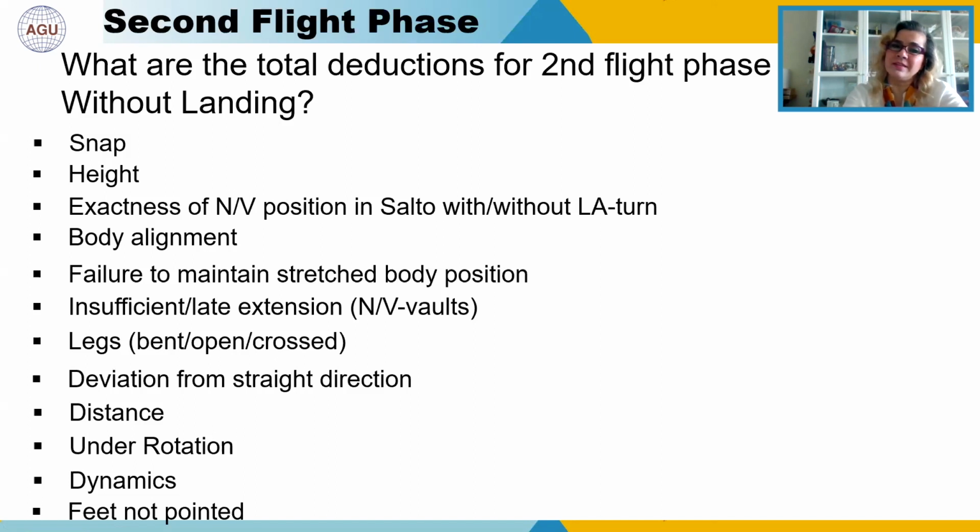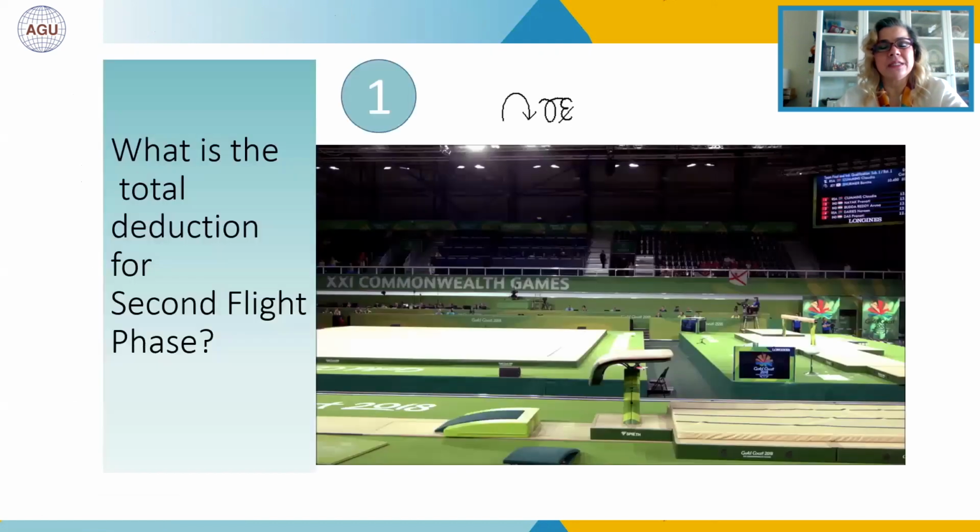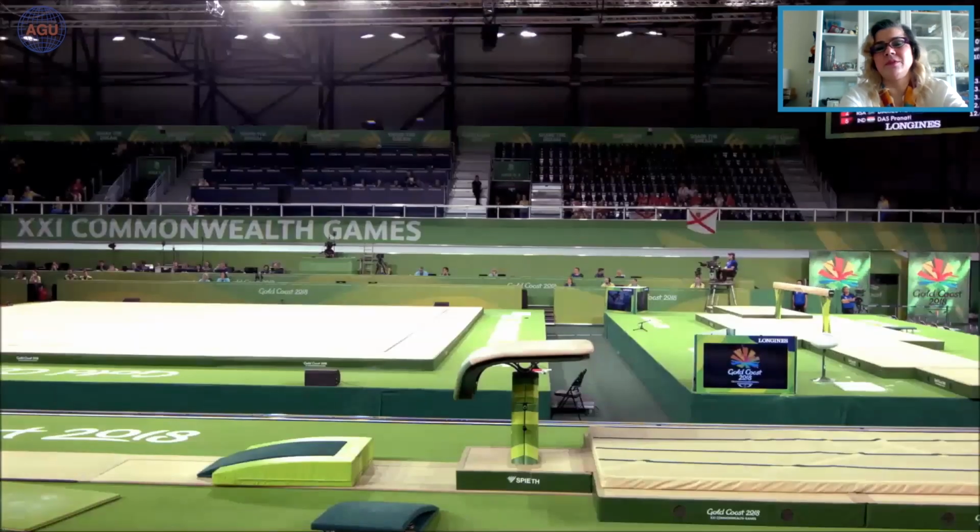After this summary of the deductions for the second flight phase, let's have a practice to evaluate only the deduction for the second flight phase. Okay, so I'll ask, what is the total deduction for the second flight phase? And here we have the video first. Watch carefully, only second flight phase deduction.